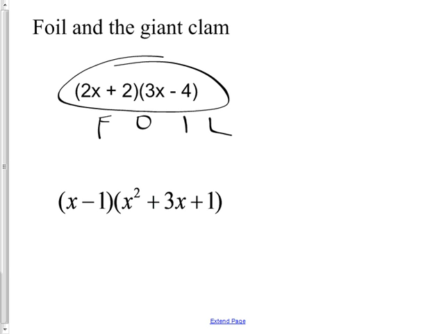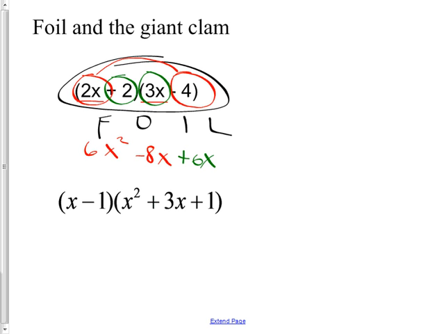All right, firsts. Those are the firsts. 2x and 3x, like terms. The 2 goes with the 3, and the x goes with the x. 2 times 3 is 6. X times x is x squared. The outside, that and that are the outsides. 2x times negative 4 makes negative 8x. The insides, that's inside and that's inside. Total, when you multiply them, 6x.